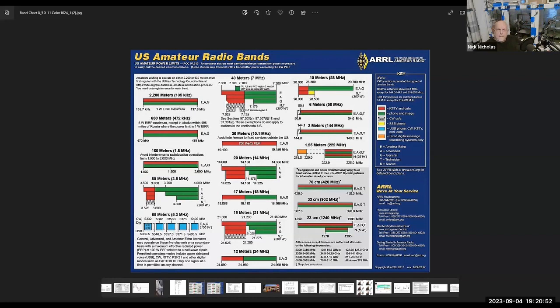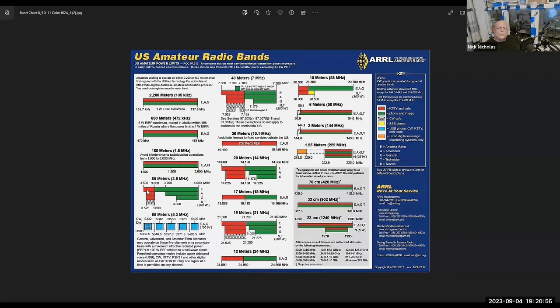is that from 80 meters here, or roughly 3.5 megahertz, through 10 meters, which is roughly 28.3 megahertz, that is the spectrum that the chart in the book I showed you earlier refers to as the HF spectrum.